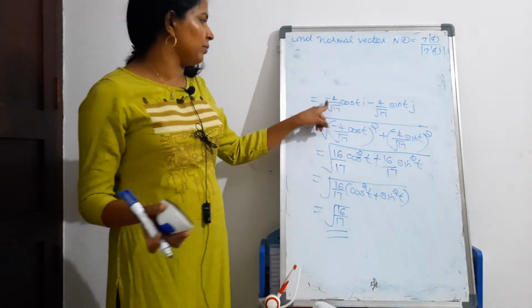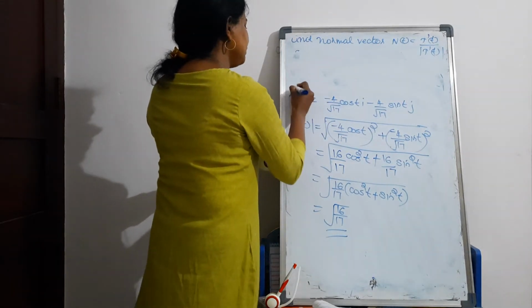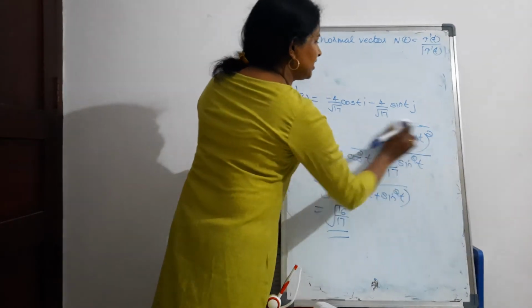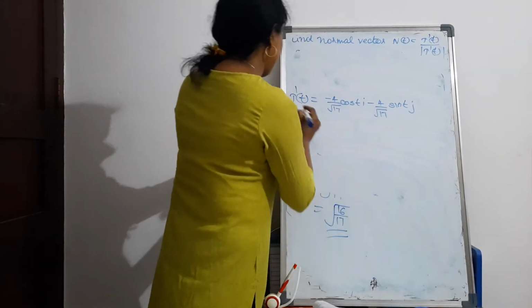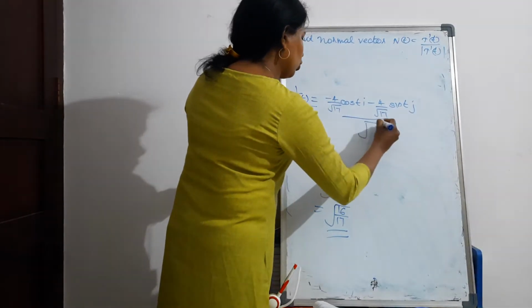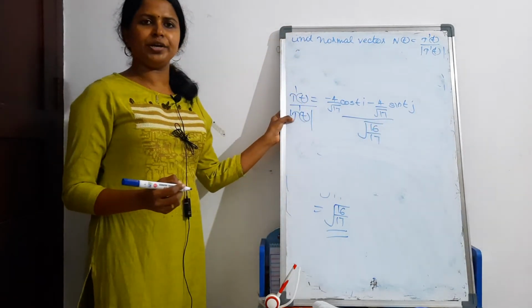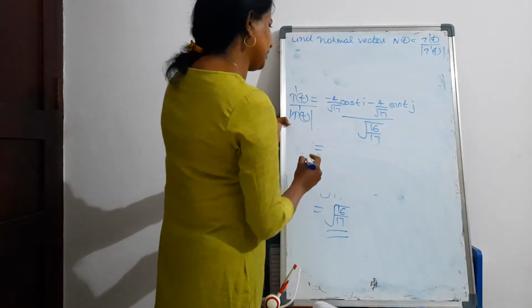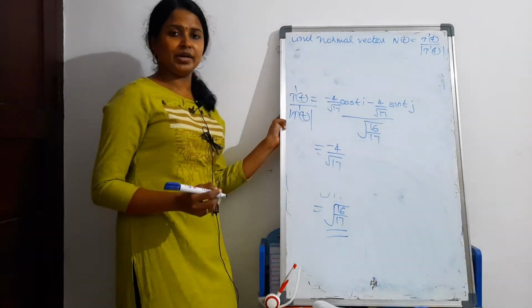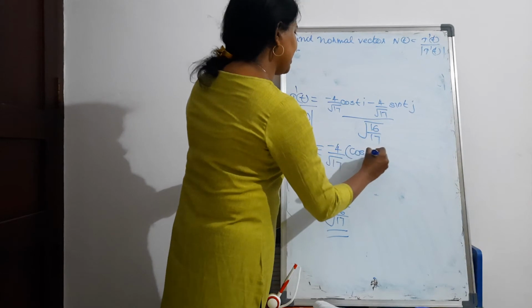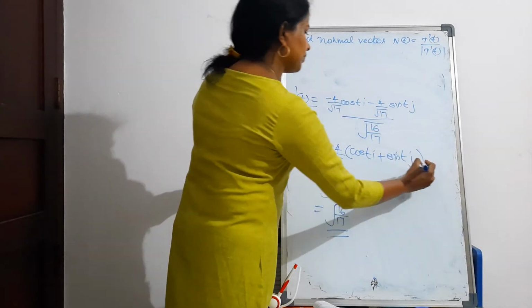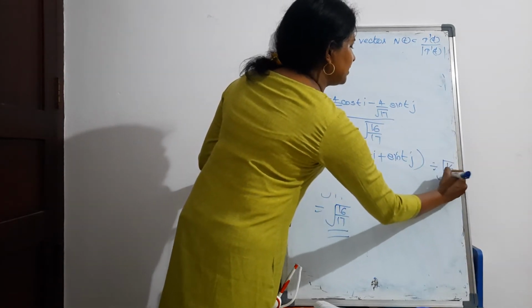T dash t is this vector, minus 4 by root 17 cos t i plus sin t j, divided by root of 16 by 17.